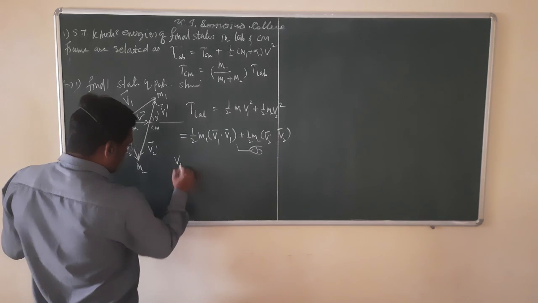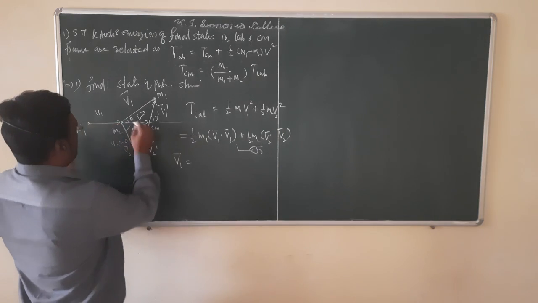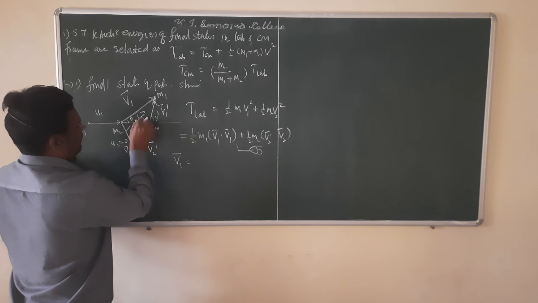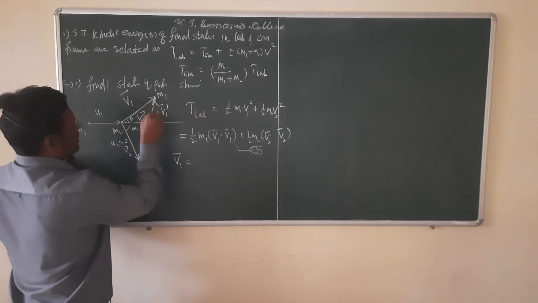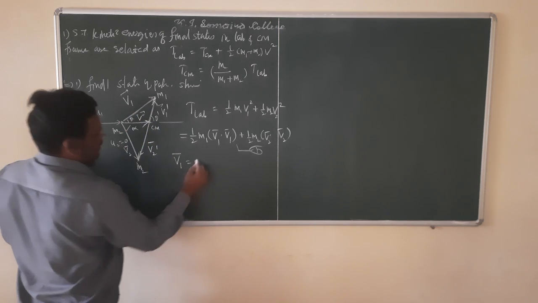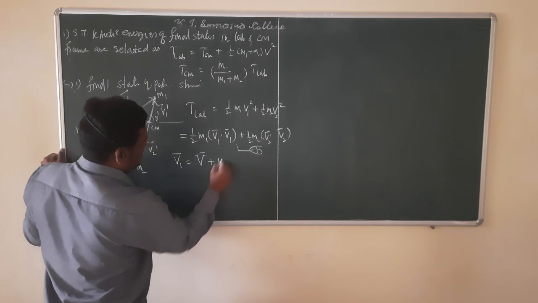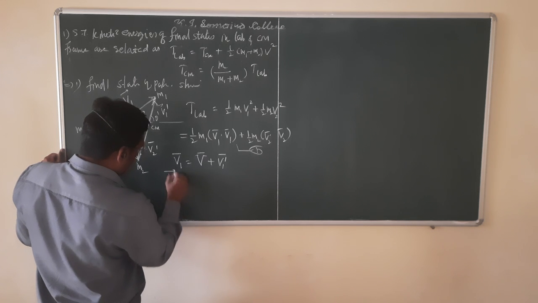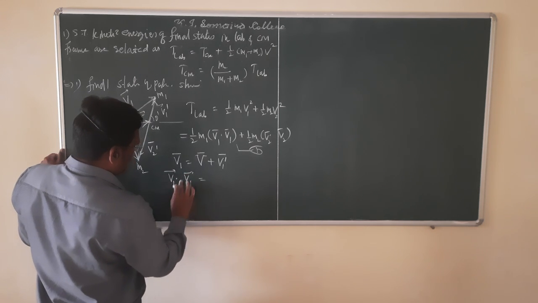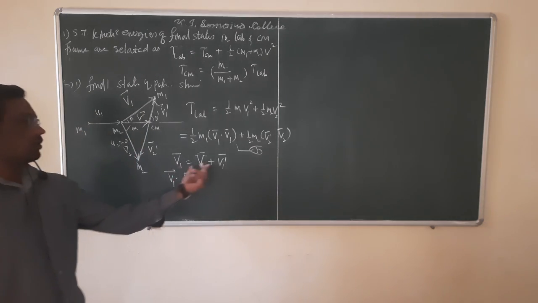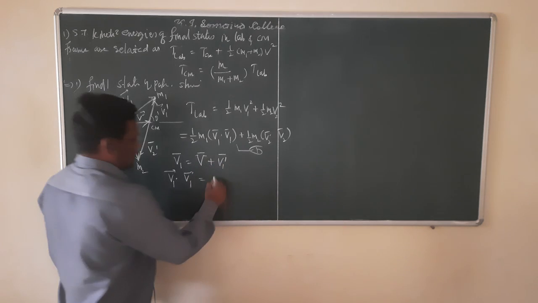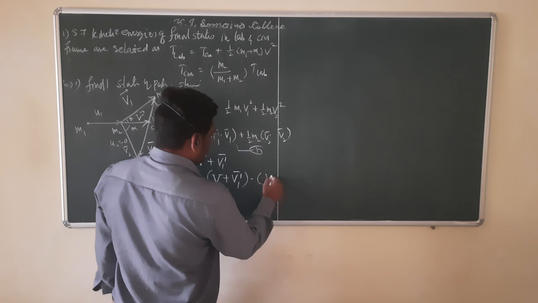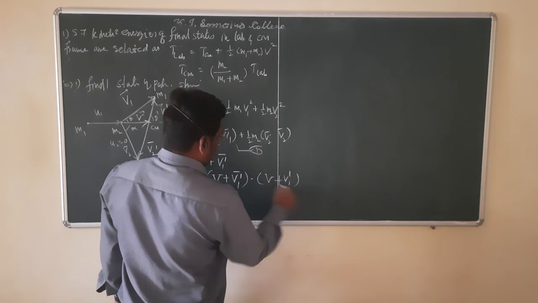So vector v1 here can be written, by the triangle law of vector addition, as vector V plus v1 dash. So v1 dotted with v1 is the dot product of these two vectors, that is V plus v1 dash dotted with V plus v1 dash.